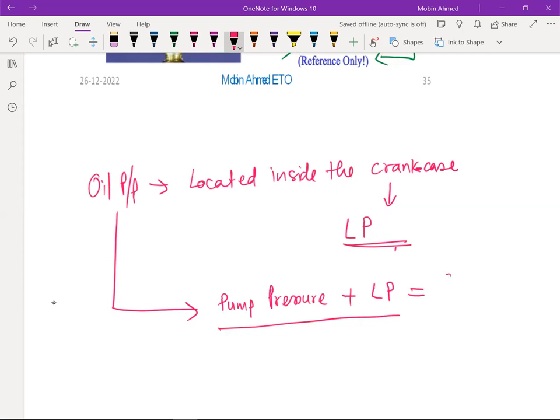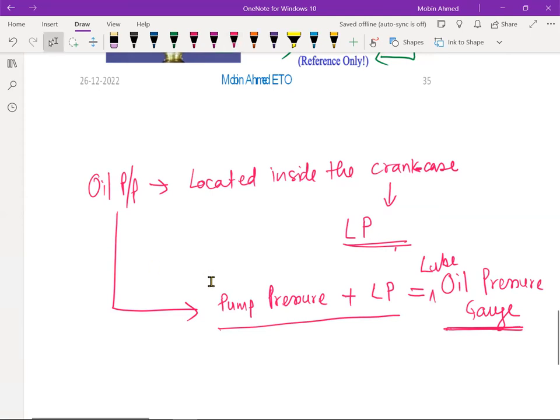This is what is known as oil pressure. We are talking about the lube oil. So this lube oil pressure is going to show in the gauge, and whatever pressure you see is the pump pressure plus LP.